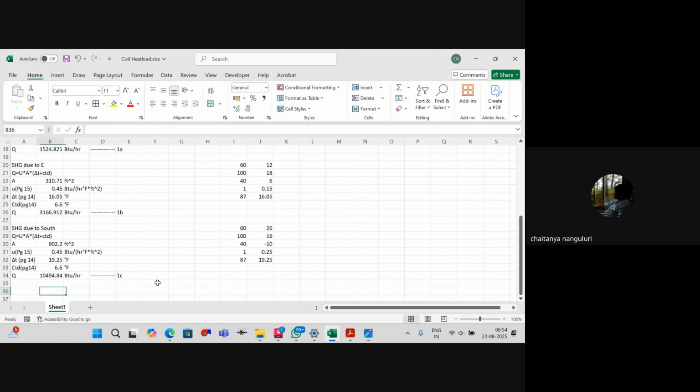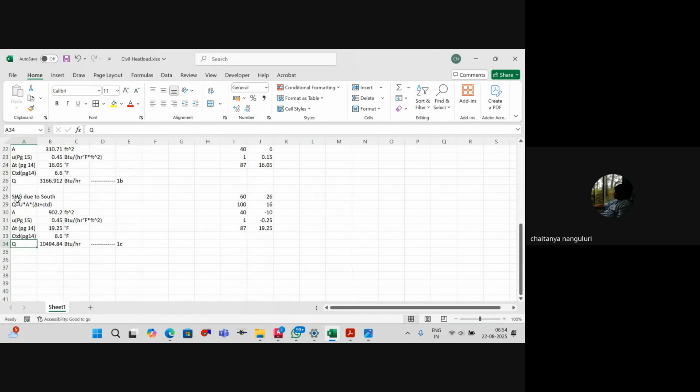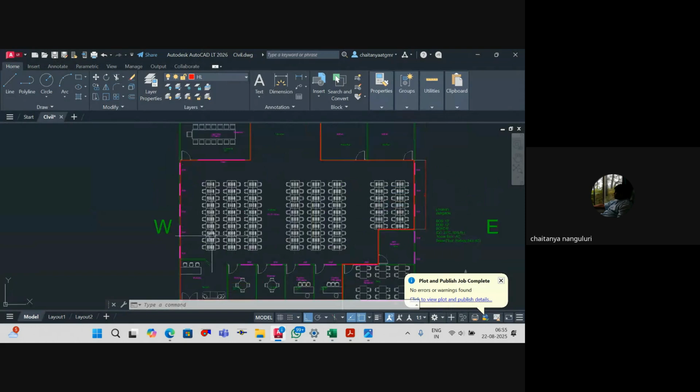Then coming to the next one that we have, sensible heat gain due to the west direction. The last orientation that we have is west. Again, we will use this equation. Copy, paste. Area I have to calculate. Area is simple: again, length into width minus glass areas.